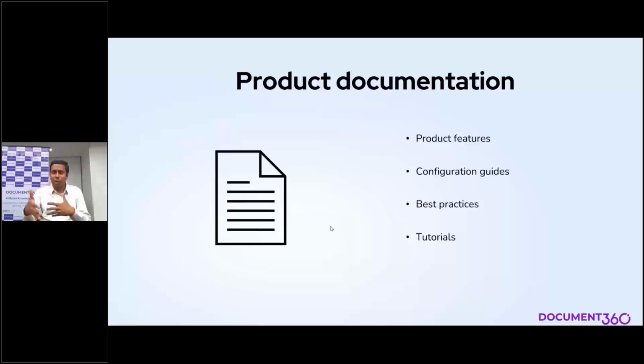And obviously this product documentation also comes with some best practices in terms of how to actually use the product features effectively. And this knowledge base also contains a lot of tutorials so that the customers can actually learn and get themselves familiar with the product they're trying to use for meeting their business requirements.